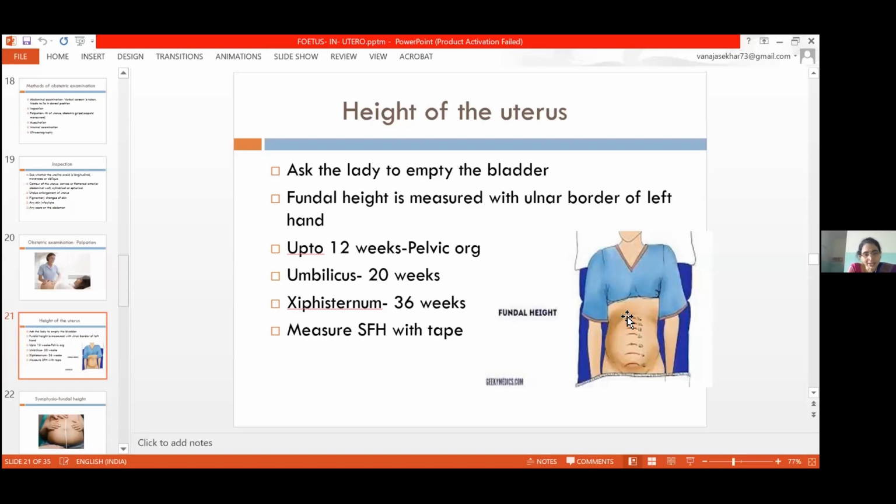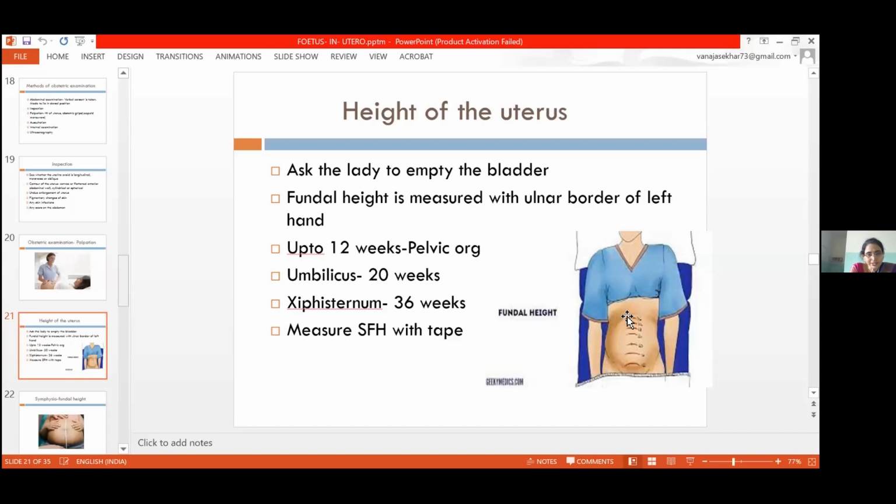Also the liquor is less in a 40-weeker. The whole of the uterus is filled with the fetus, and the liquor is less in a 40-weeker and more in a 32-weeker. There is also lightening, the falling forwards of the fetus, and there is flank fullness. Flank fullness is present in a 40-weeker and it is not present in a 32-weeker. By this, you can differentiate between a 32-weeker and a 40-weeker.